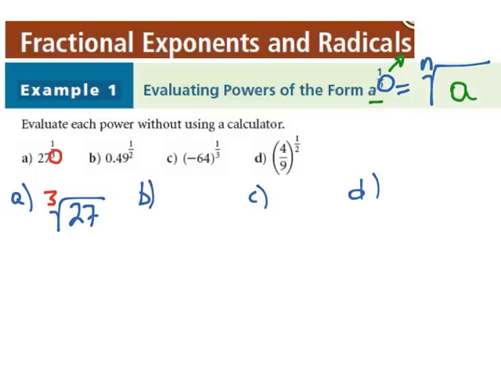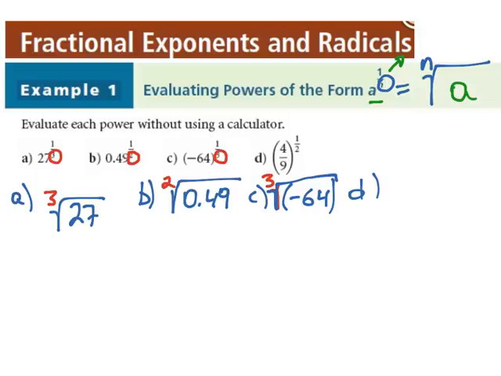Using this idea, let us rewrite all of the powers. So we have 0.49, the base, is the radicand, and since the fraction is 1/2, the index is 2. For part C, we have negative 64. It becomes the radicand. Because the denominator is 3, it becomes a cube root.